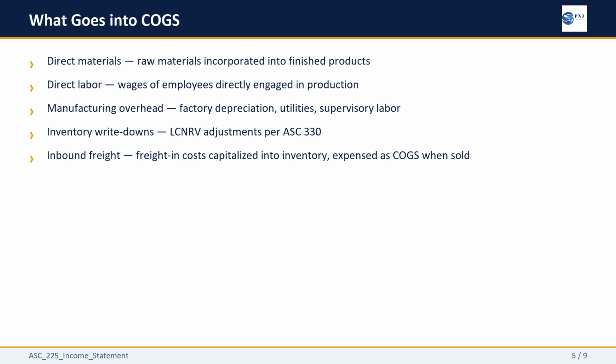These go into COGS or are separately disclosed if material. Second, inbound freight, the cost of getting raw materials to your factory, is typically capitalized into inventory, not expensed immediately, and therefore flows through COGS when those goods are eventually sold.